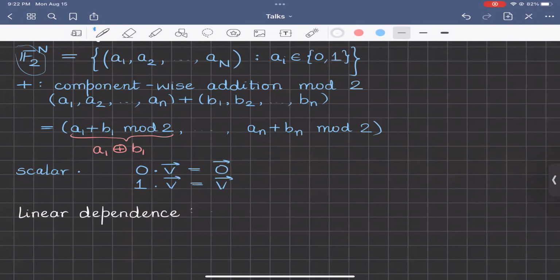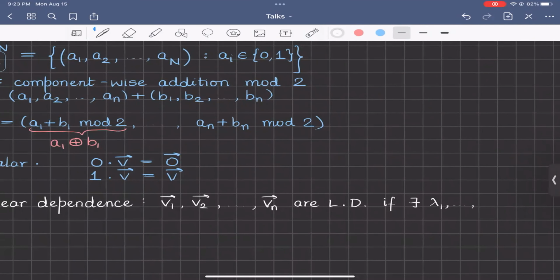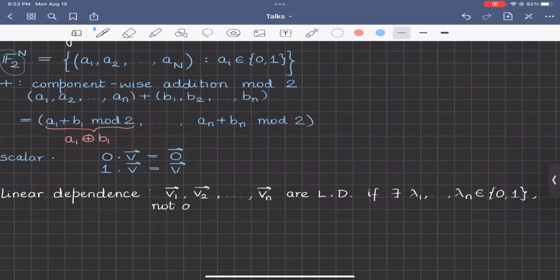We need V1, V2, etc. up to Vn are linearly dependent if there exist lambda 1 up to lambda n in {0, 1}, because that's the only scalars that we permit, not all 0, such that lambda 1 v1 plus up to lambda n vn is 0.